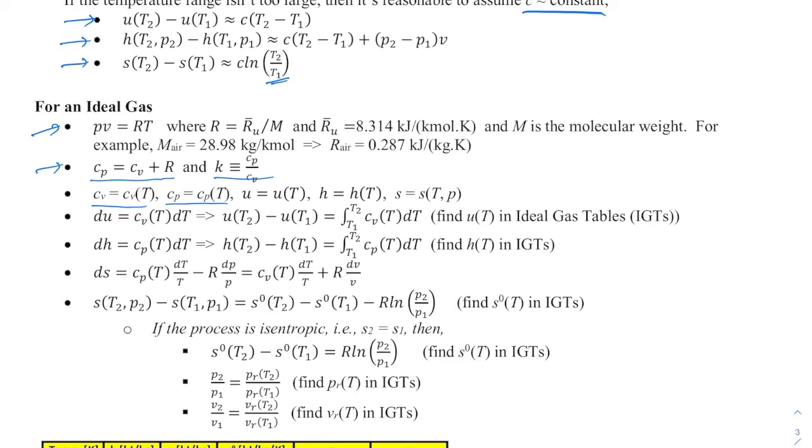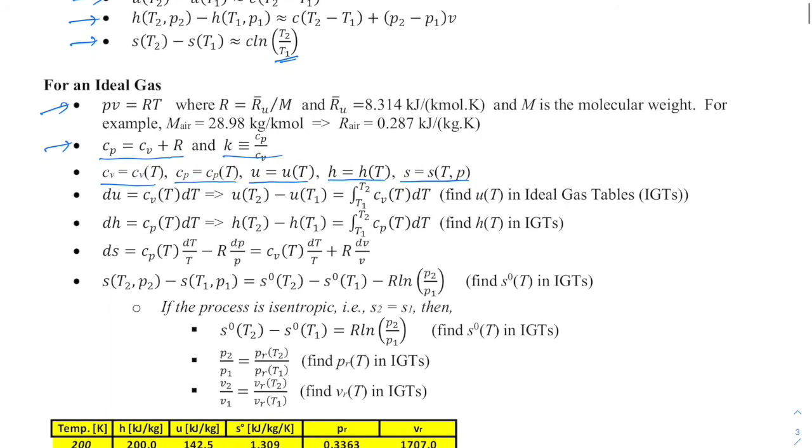In the ideal gas model, the specific internal energy is a function of temperature, and the specific enthalpy is a function of temperature. And the specific entropy is a function of temperature and pressure. The change in the specific internal energy is Cv dT. And again, you can integrate both sides to get delta u is equal to the integral of Cv dT.